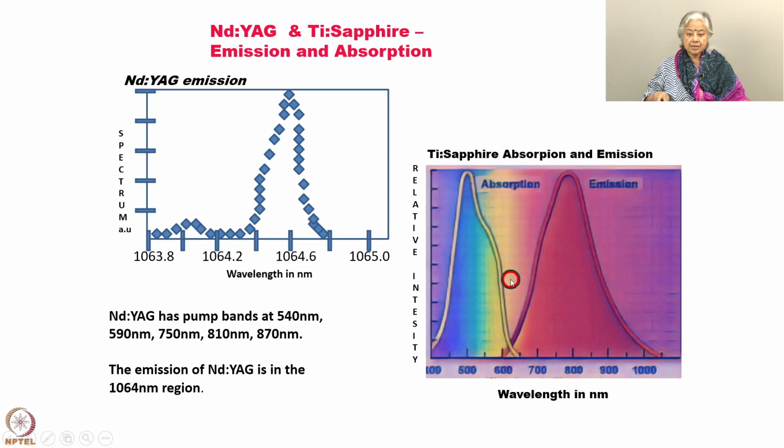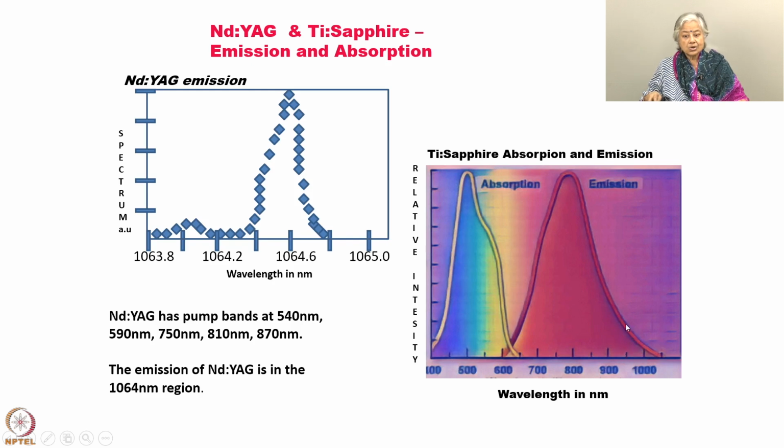Titanium sapphire has an absorption band in the blue and yellow region, and its emission band is somewhere close to the red and inching towards near infrared.